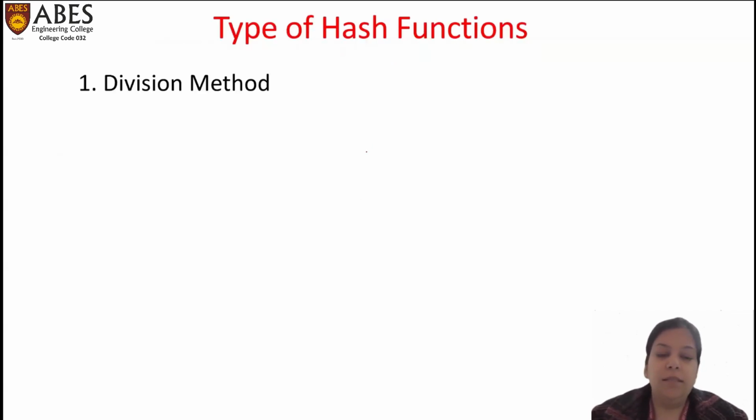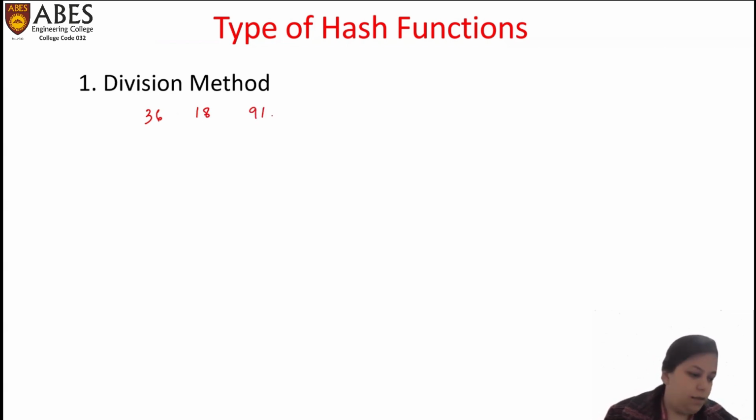Now, let us see the different types of hash functions. The first hash function is the division method. Let us suppose we have a few keys like 36, 18, 91, 72 and 45.